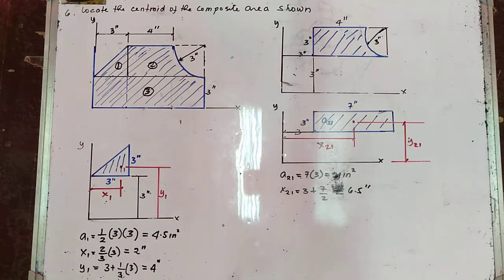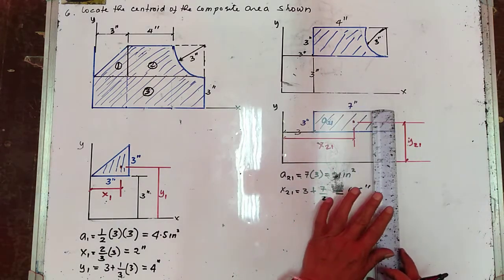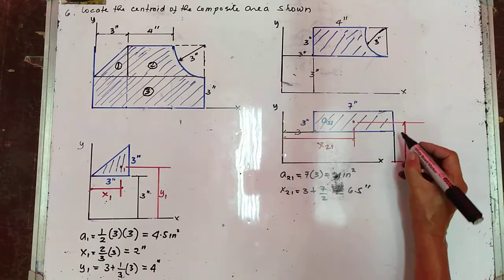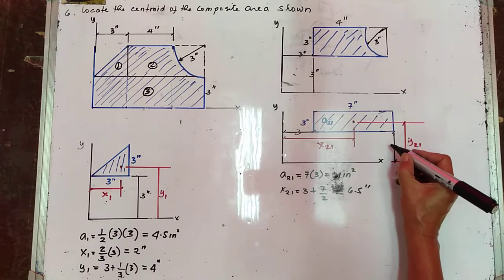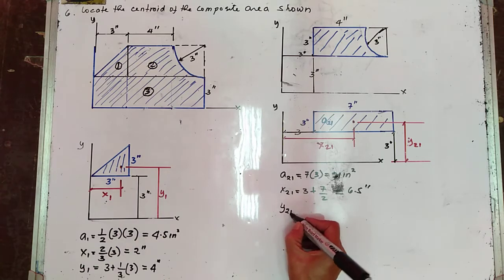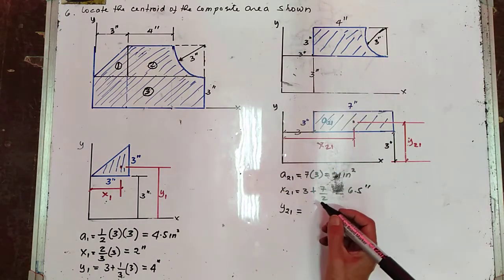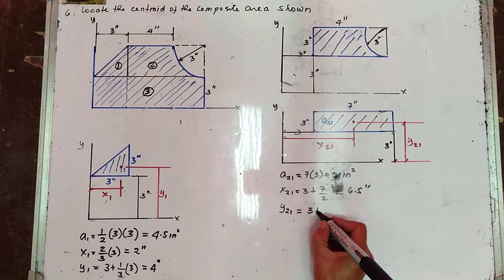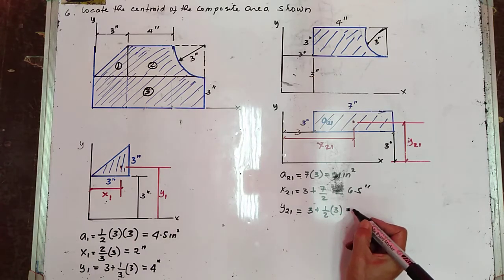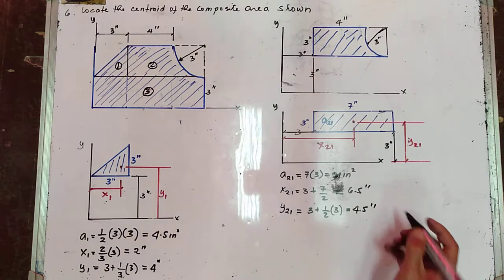So let us try to determine now your y 2,1. The distance from the x-axis to the base of this rectangular area is also equal to 3 inches. So that your y 2,1 is now equal to 3 plus 1/2 of 3, or this is equal to 4.5 inches.